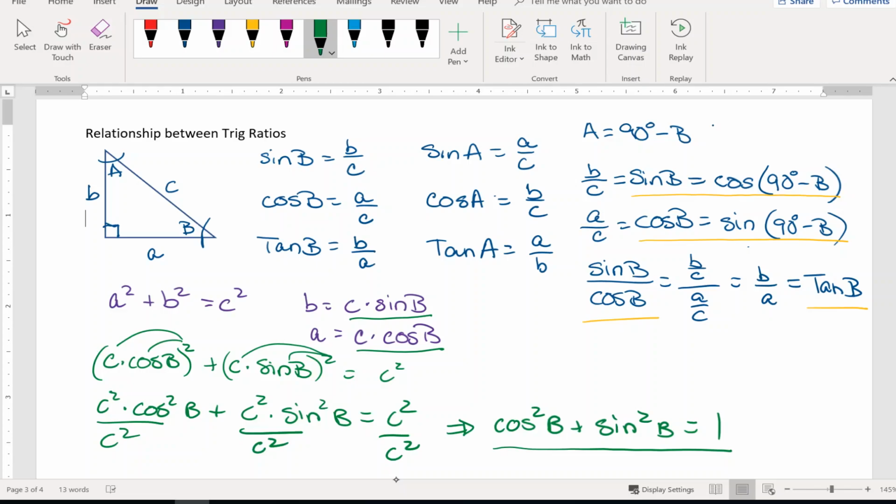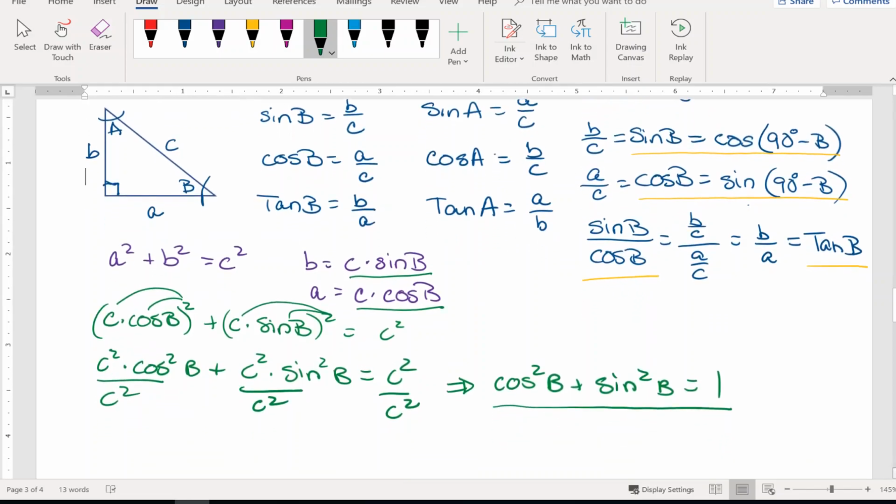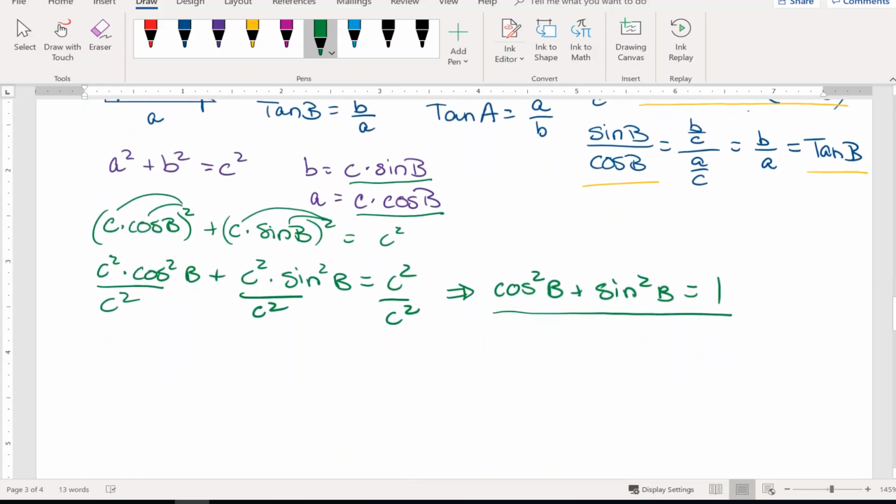Now, you'll notice if we take this formula here, I'm just going to switch these two, which is fine. We can do that because we're just adding them. So I'm going to write sine squared b plus cos squared b is equal to 1. Now watch what happens if I divide every term by cos squared b.